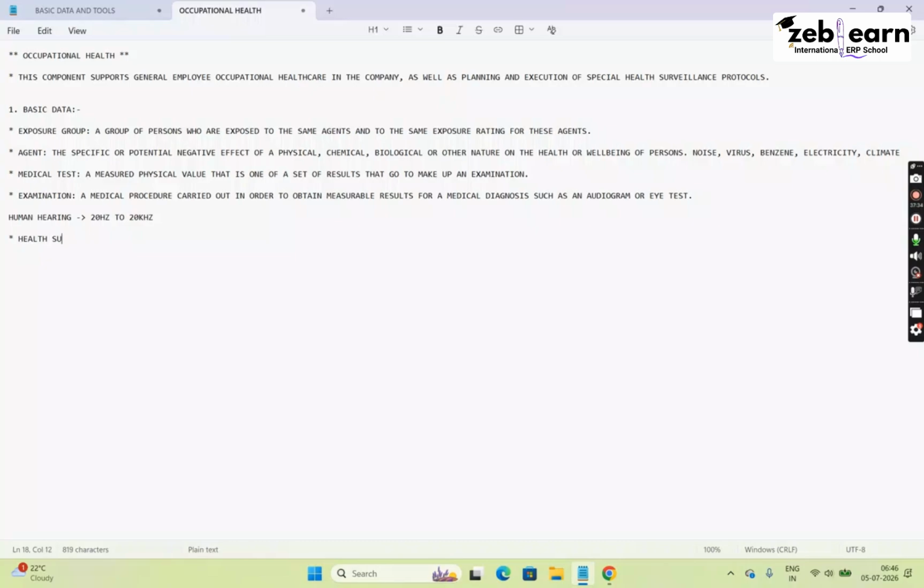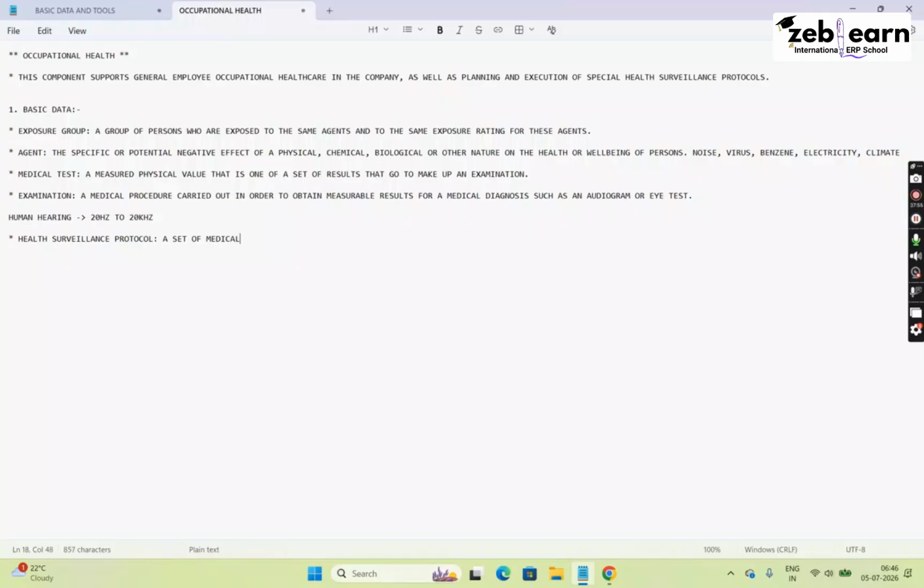Next, let's move on to another very important definition called the health surveillance protocol. This is also coming under basic data, but a very important one. So what is a health surveillance protocol?